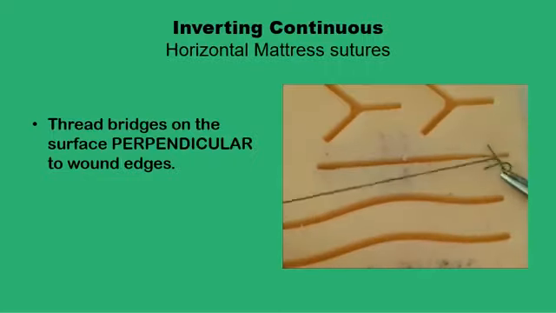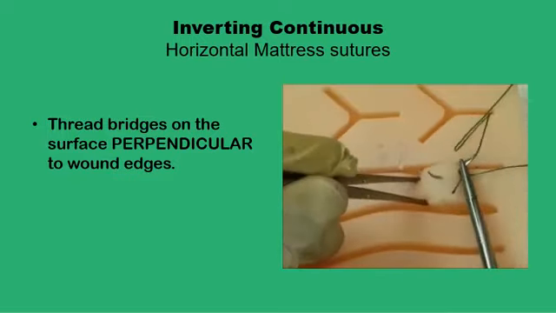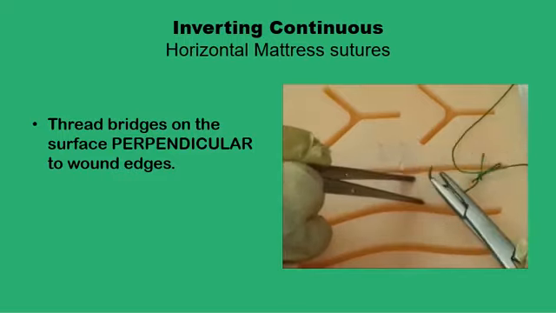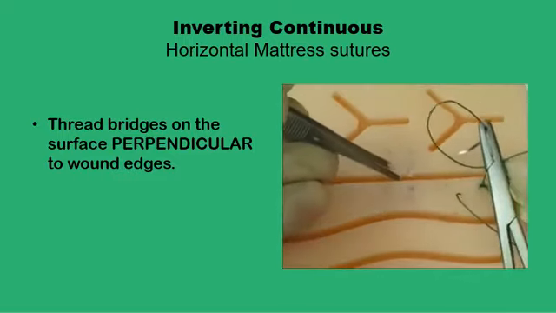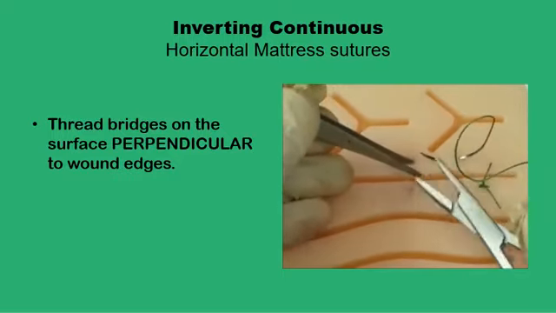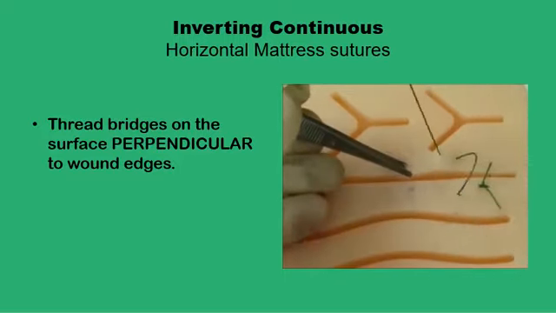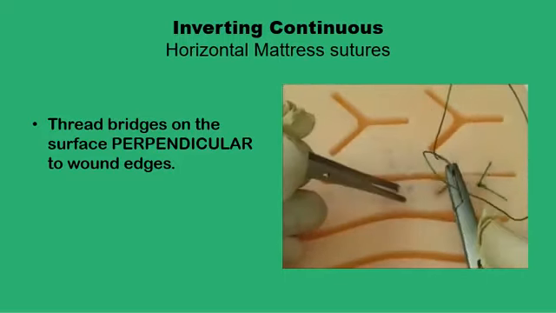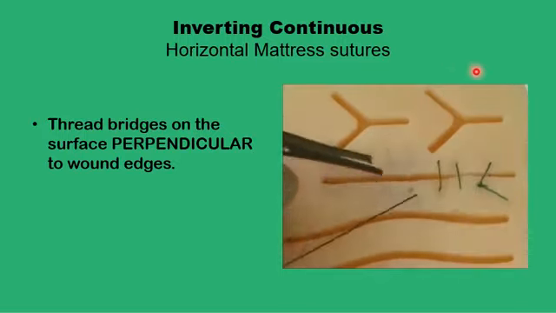The Cushing and the Connell types of sutures are basically horizontal mattress sutures modified in a way to produce inversion of the wound edge for a continuous suture by having the thread bridges on the surface of the serosa, for example, the outer surface of the viscus, perpendicular to the wound edge.